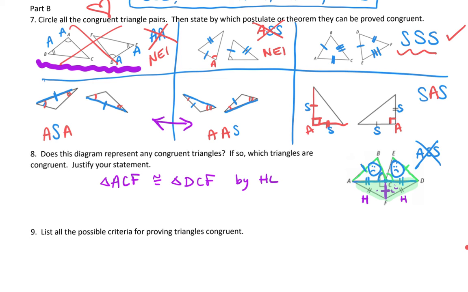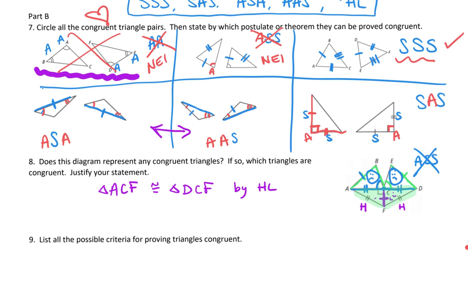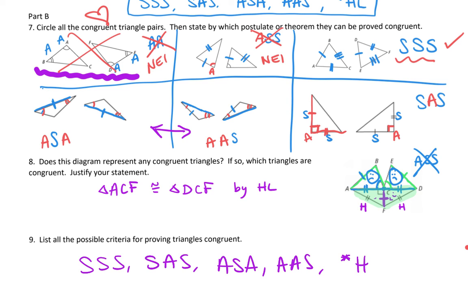All right, and then down here at number 9 it says, list all the possible criteria for proving triangles congruent. Well, we already did that. It's ASA. It's SAS. It's AAS. And it's HL, which only works for right triangles.